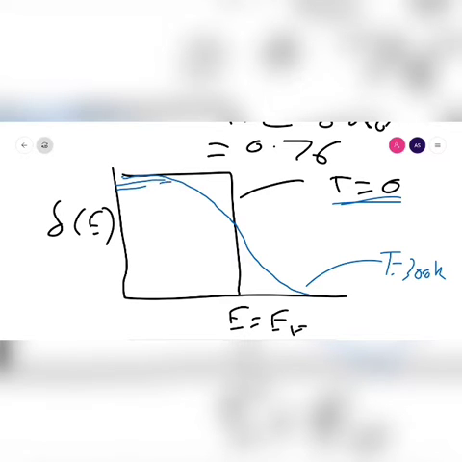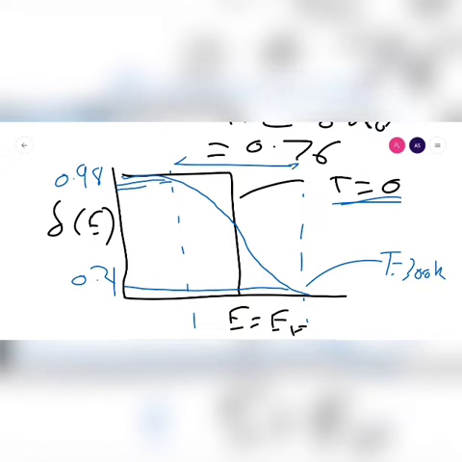This one is 0.98, and this one is 0.02. You know the range is from here to here 0.1 electron volt, and here is 0.1 electron volt.